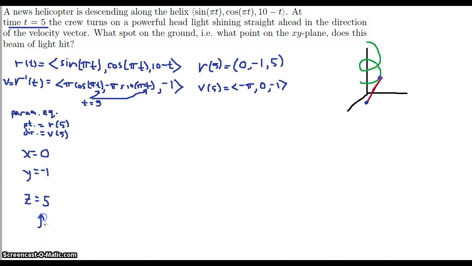Put the point there, and then the direction vector, the coordinates A, B, and C there, components, get multiplied by t. So minus pi t, plus 0t, minus t. So that's the line that represents the beam of light.